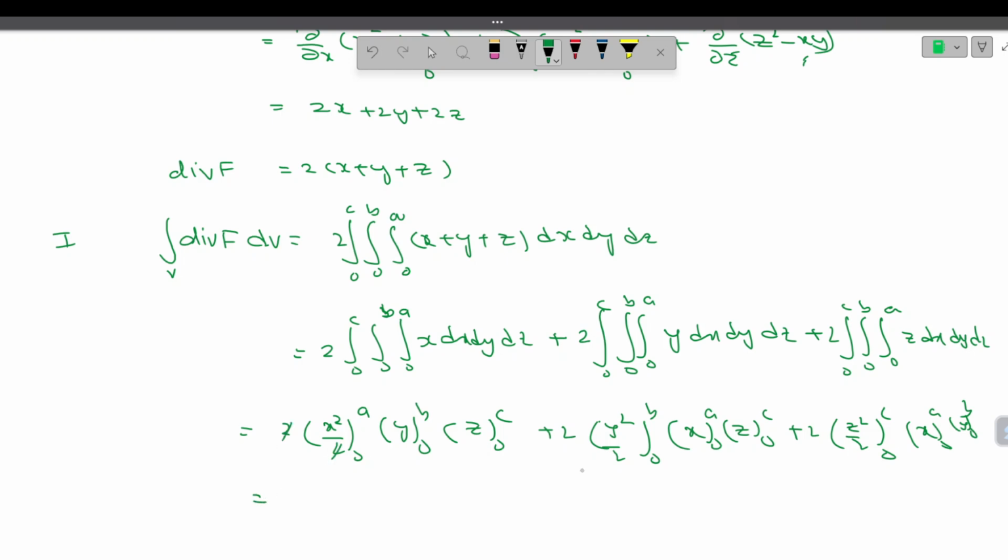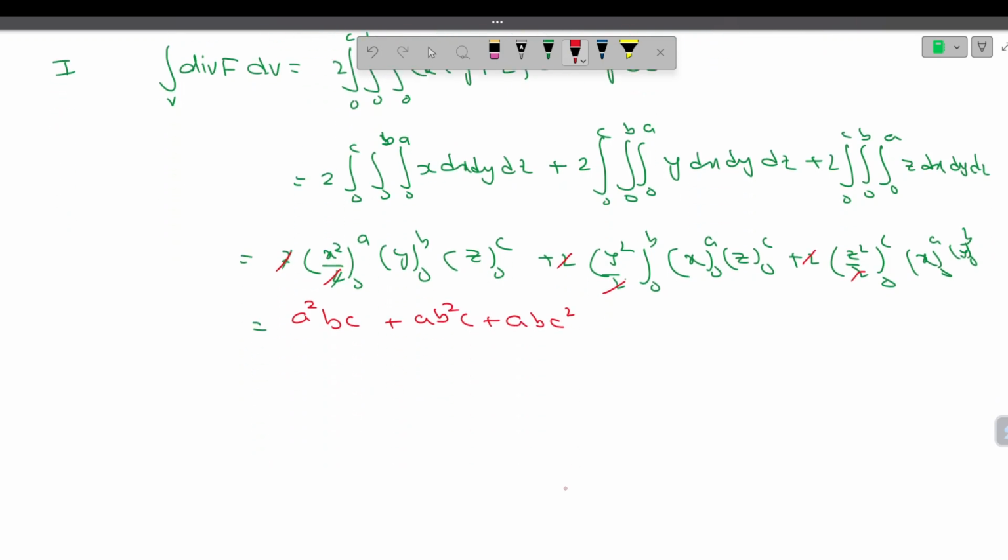Now these two get cancelled, numerator and denominator. Here a²bc, here ab²c, here abc².